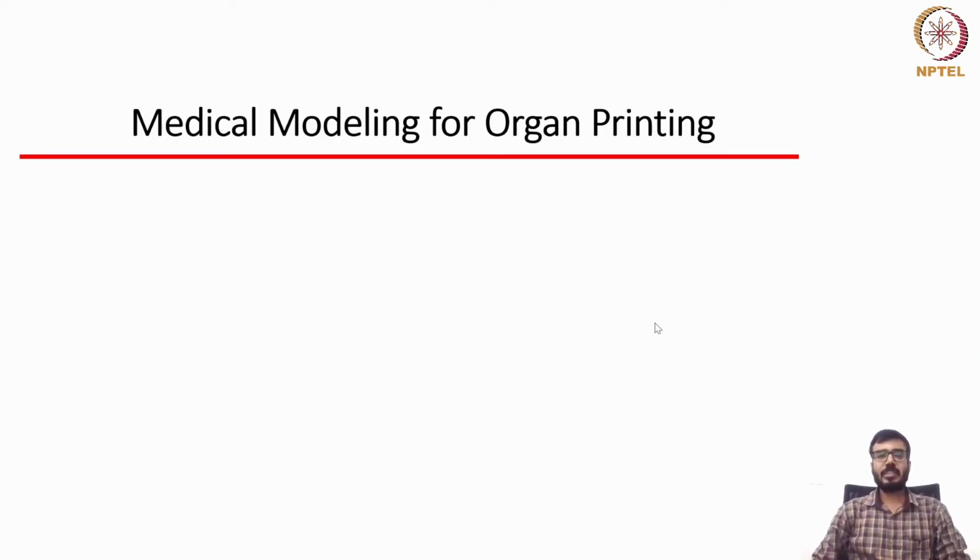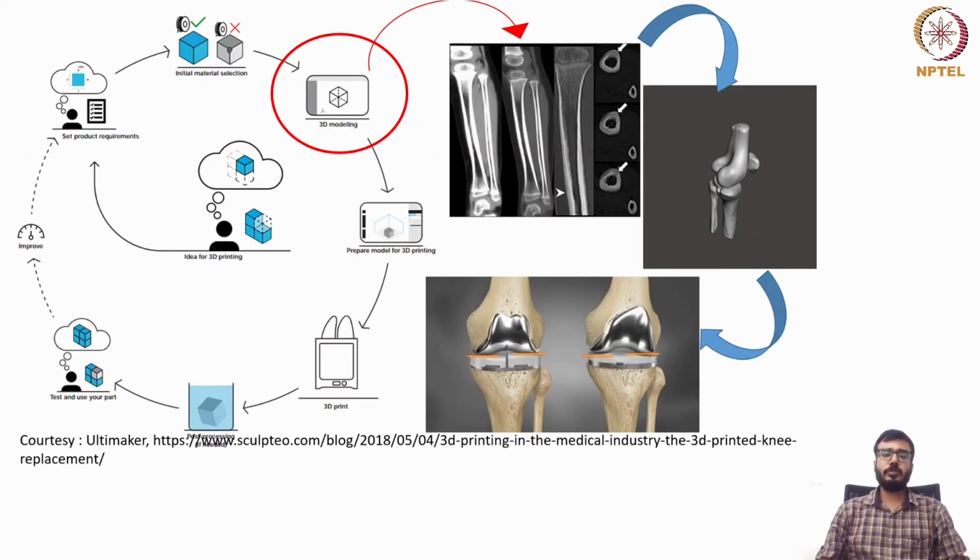So in this session, we will see how medical image data can be converted to 3D models for the purpose of organ printing. As we know, in 3D printing, the entire process starts with a 3D model, right? We can create this 3D model by different techniques.